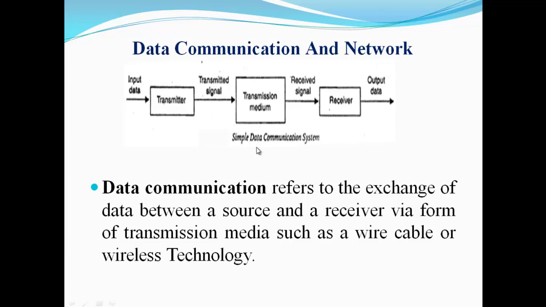In the previous slide we also saw that when a user or sender wants to send any kind of data, we use a transmission medium. Here the transmission medium uses wireless technology, wire technology, as well as radio waves, telephonic line, etc.